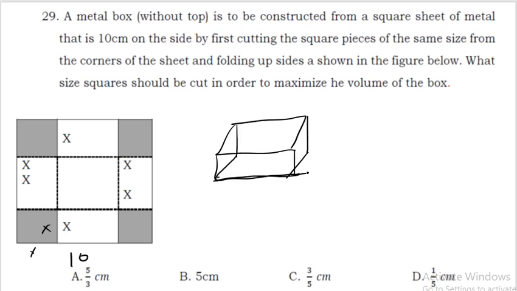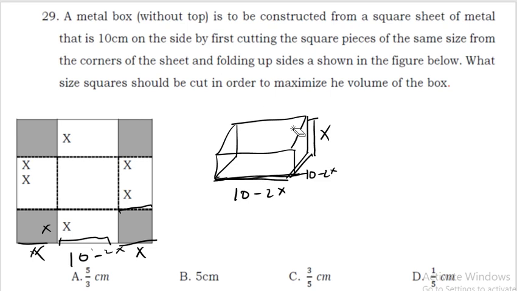But this length is now changed, it will be 10 minus 2x, because this side x I cut, this side also x I cut, so what remains, the middle part, the length from here to here, is going to be 10 minus 2x. The other side also will be 10 minus 2x, but the height will be just x only, because when you fold it, the height will be x.